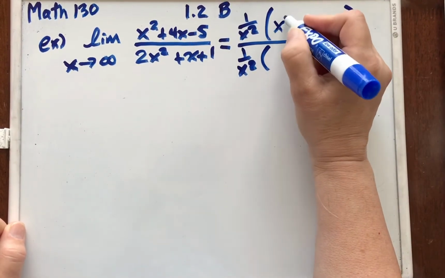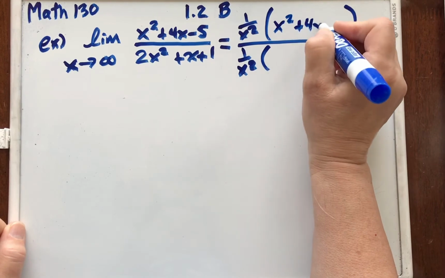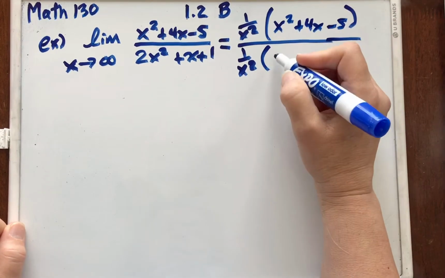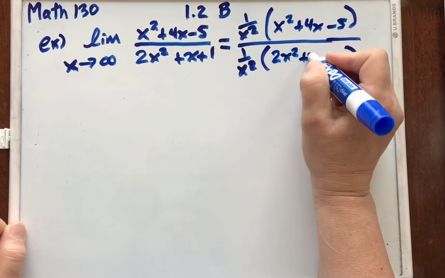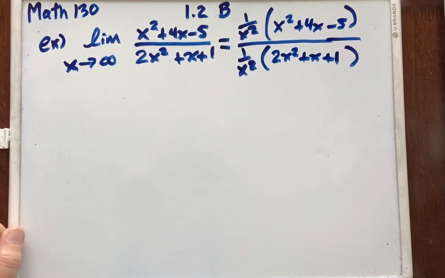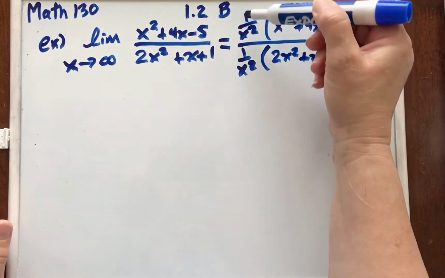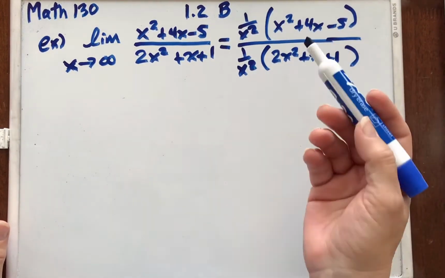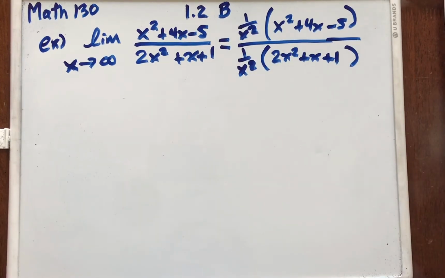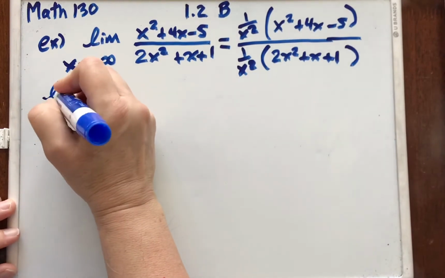So we're going to go ahead and write this in. We haven't changed any value. This right here is just 1. We're multiplying the top and the bottom by the same thing. That's legal.